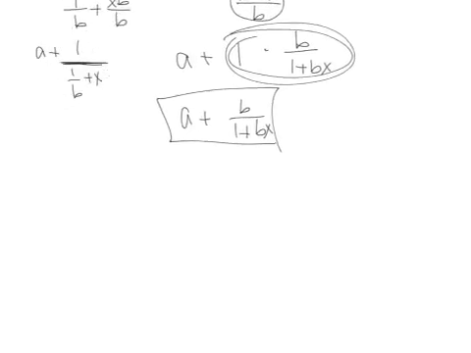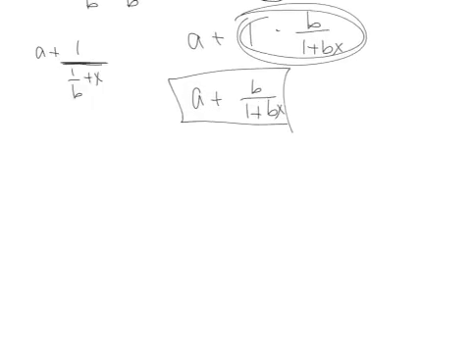So let's move all this out of the way here, because right now we're at this point in our problem. And I'm going to look and say, alright, what am I missing over here that I have here? Well, this is really a over 1 plus b over 1 plus bx. I am missing a 1 plus bx.